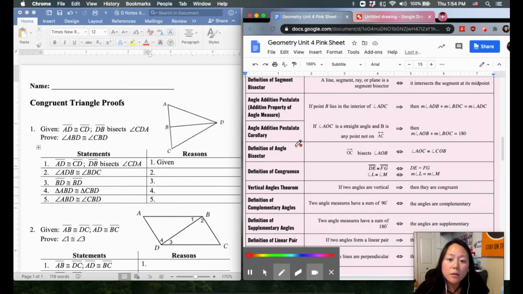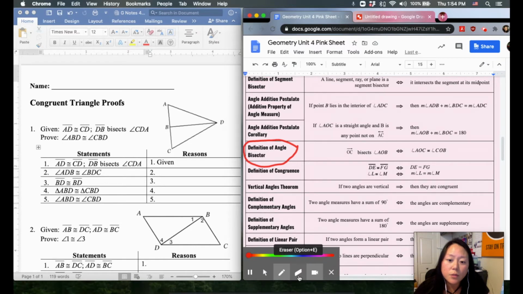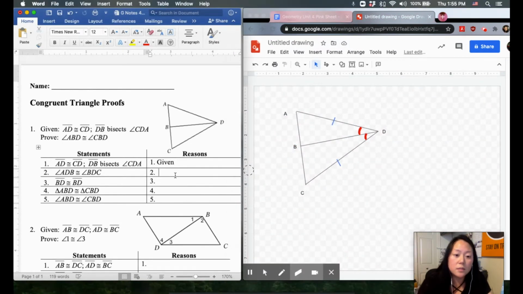And what that says is that if something bisects an angle, then the two angles that are created are congruent to each other. So that's what I want to use. So that is definition, let's abbreviate it, of angle bisector.